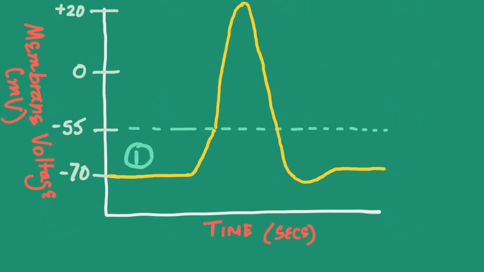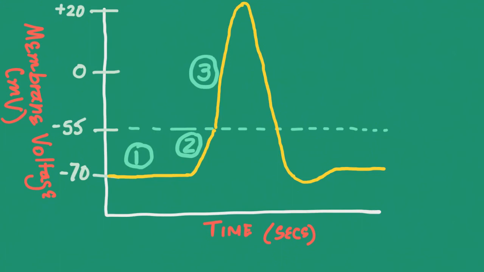The first stage is the resting membrane potential. When an impulse arrives, we have the local potential, which is stage 2. When the local potential reaches minus 55 millivolts, it triggers the depolarization phase of the action potential, which is stage 3.